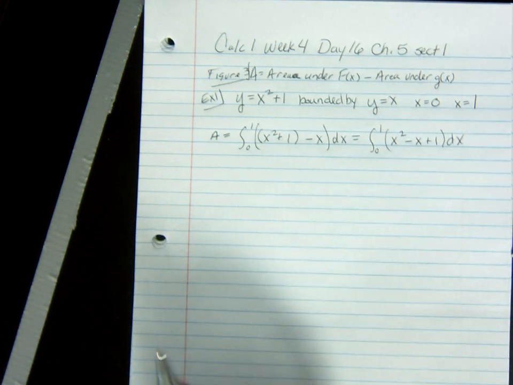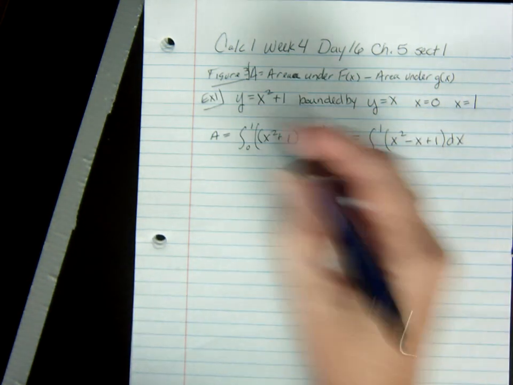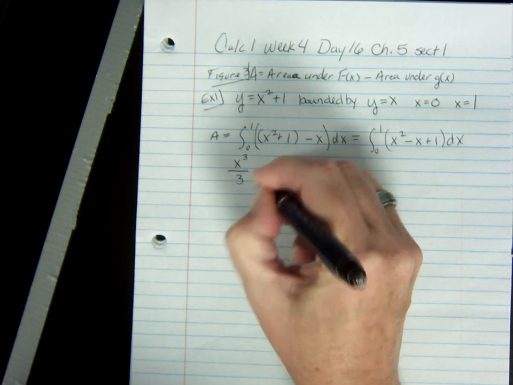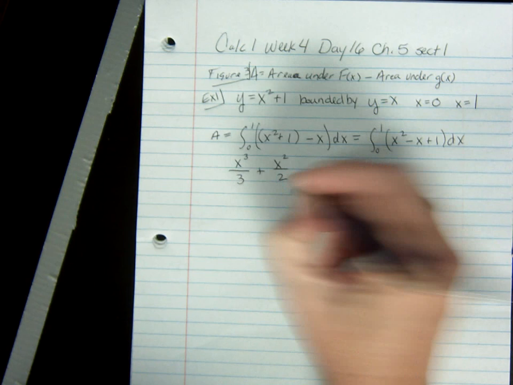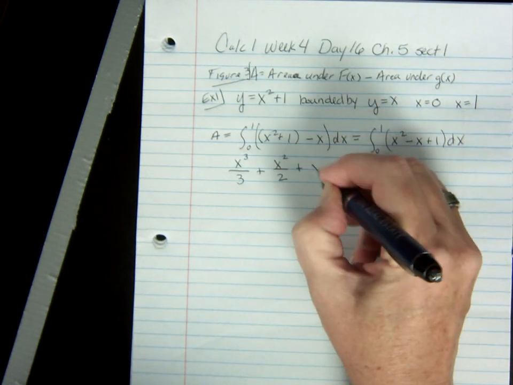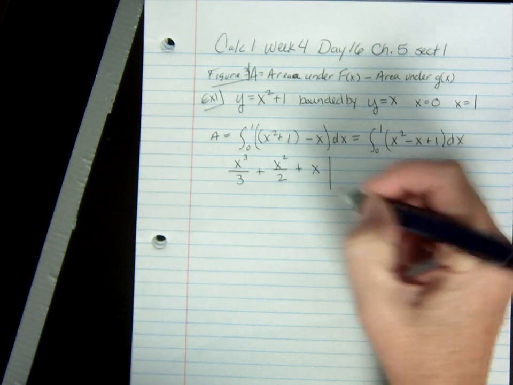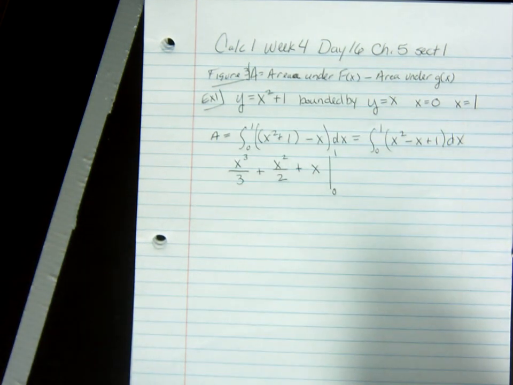Okay, so now when I integrate this using what I call the opposite power rule, we have x cubed over 3 minus x squared over 2 plus x. And now we have it bounded between the upper and lower bounds 0 to 1, so we do not put a plus c.